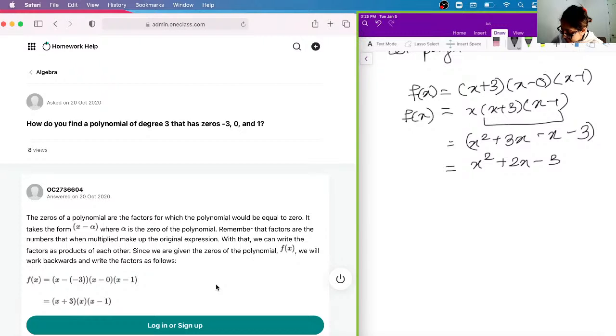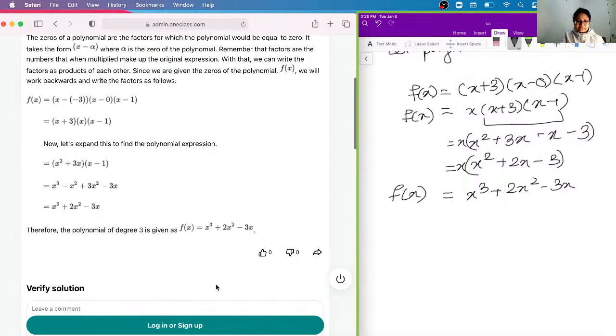This is all multiplied by x. So then you multiply it with the x: x cubed plus 2x squared minus 3x. So this is what I get. This is how you would get the answer. And therefore, this is the polynomial of degree 3 that has the zeros of -3, 0, and 1.